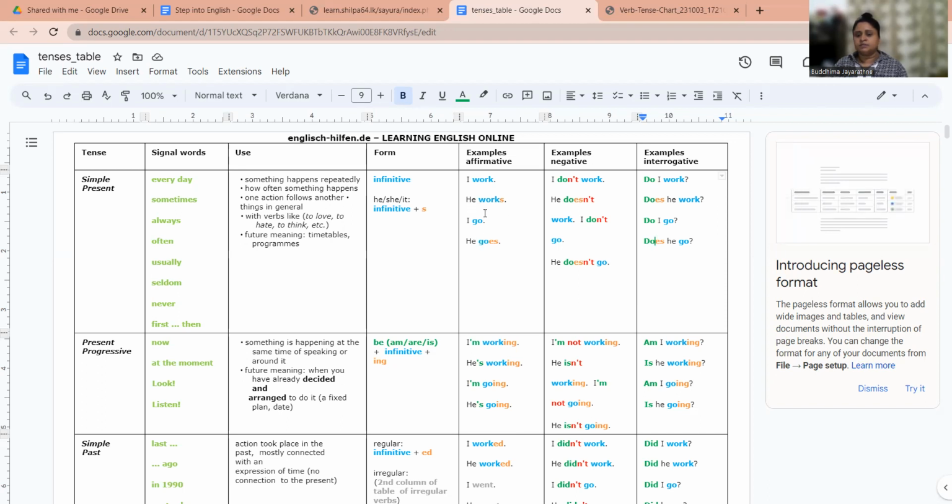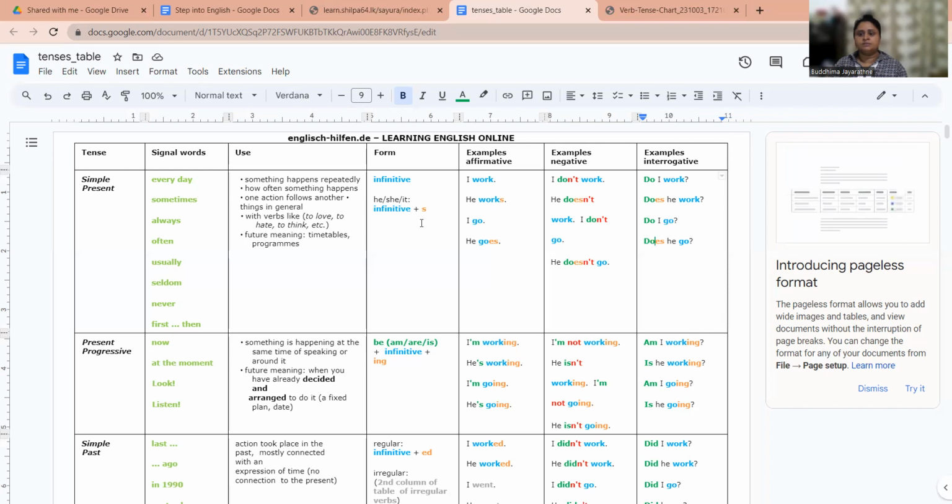With third person singular, you have to add S. And here you see it's a special case. Instead of S, ES is added. You see go ends with O. So if it ends with O, then instead of adding simply an S, you add ES. So that is a special case.